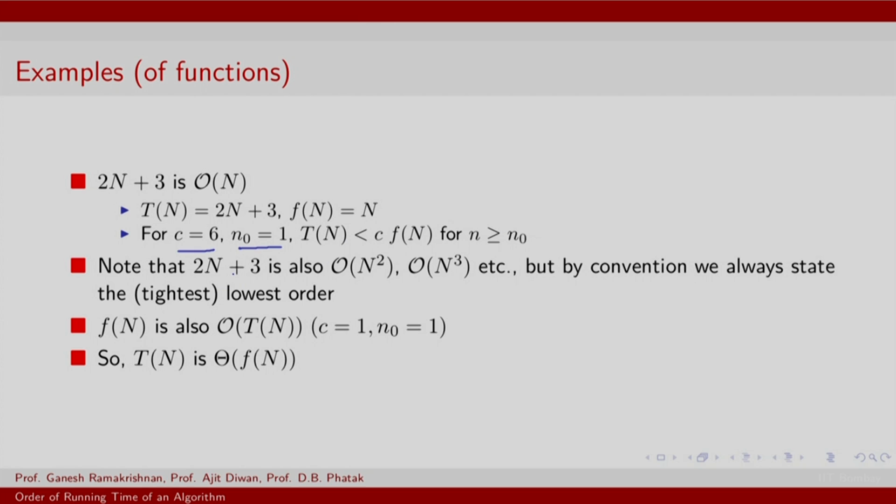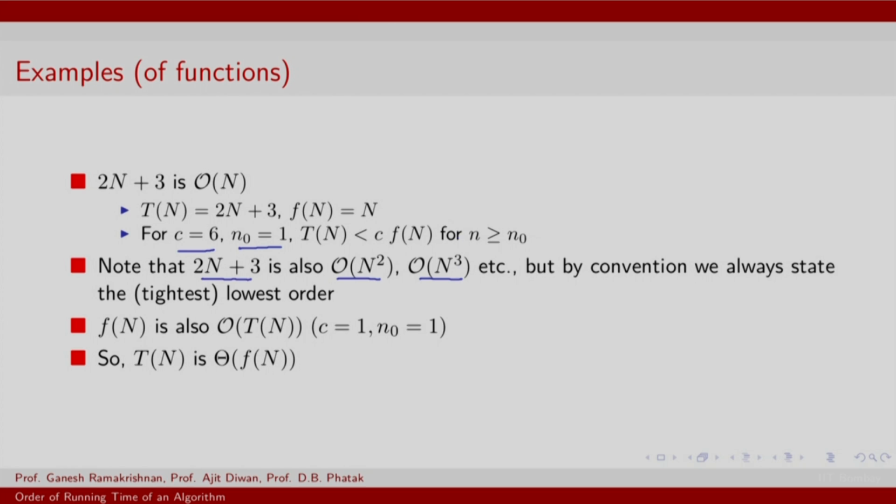Now one might wonder, is there a unique function Fn which gives you big O for a given function T? No. It turns out that 2n plus 3 is also O of n square, it is also O of n cube. In fact, it is O of n raised to k for k greater than or equal to 1.